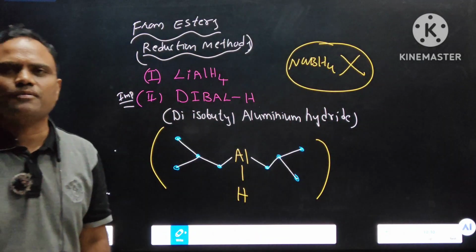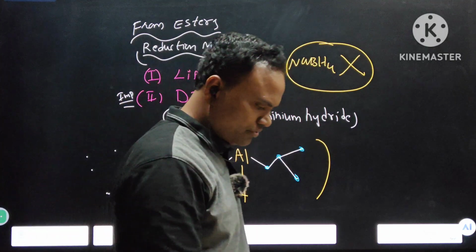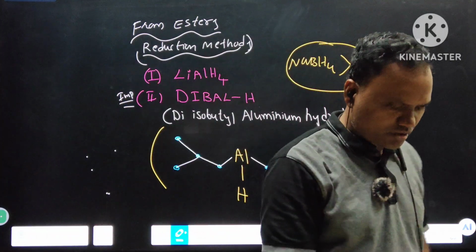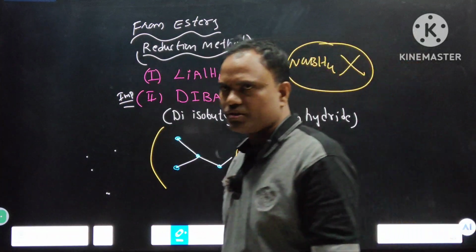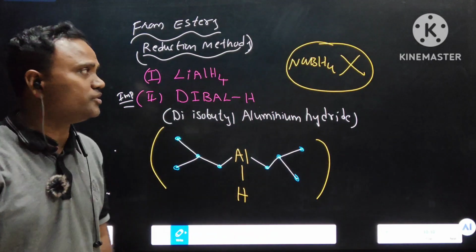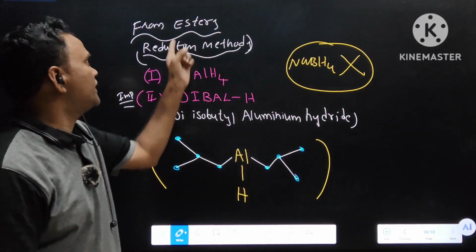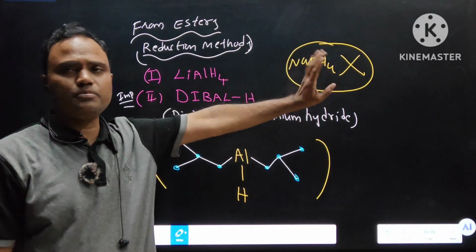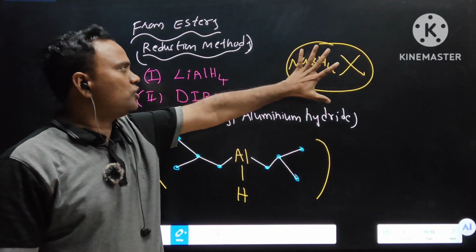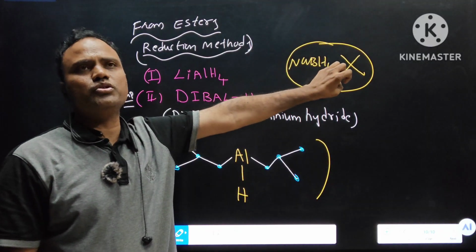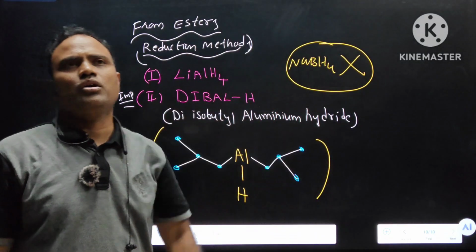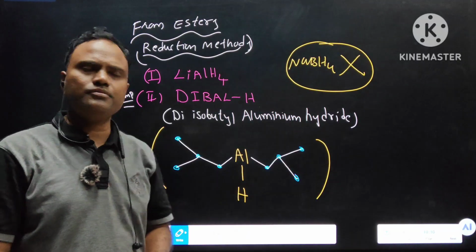I already mentioned selective reducing agent, poor reducing agent, weak reducing agent. So sodium borohydride does not reduce esters. Here our heading is esters. Very important, valid point. Sodium borohydride is not used to reduce esters to alcohols. Clear? Right.